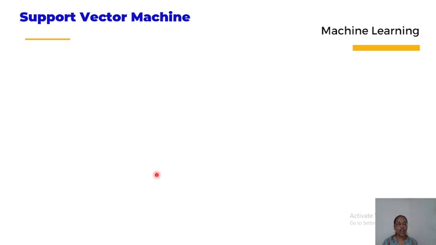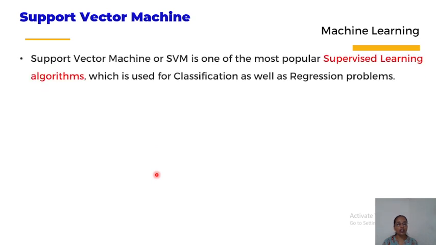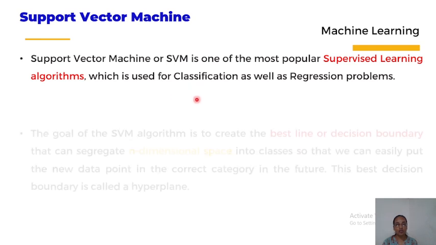First we will understand what is the support vector machine. Support vector machine or the SVM is one of the most popular supervised learning algorithms, which is used for the classification as well as the regression problem. But mostly it is used for the classification problem.